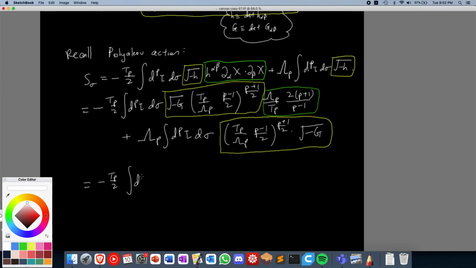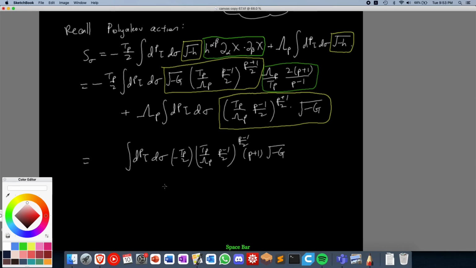So I'll bring this in, the factor of tp, the guy minus 1, so tp over lambda p minus 1 over 2, p minus 1 over 2, because this minus 1 merges with this guy, and then there's a factor of p plus 1, and then there's the square root minus g, of course.